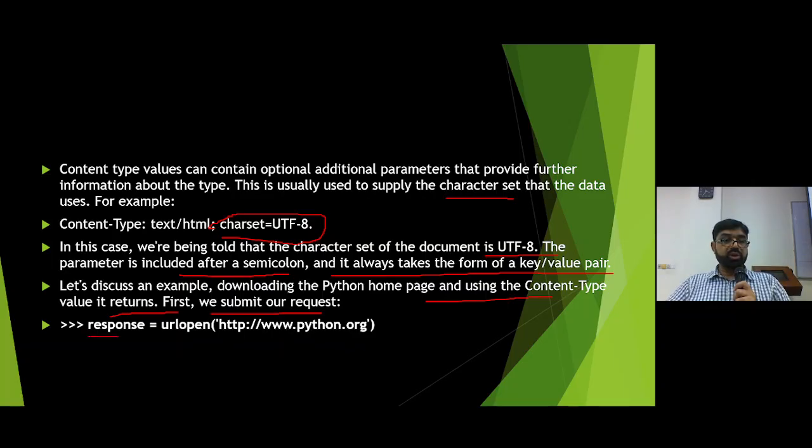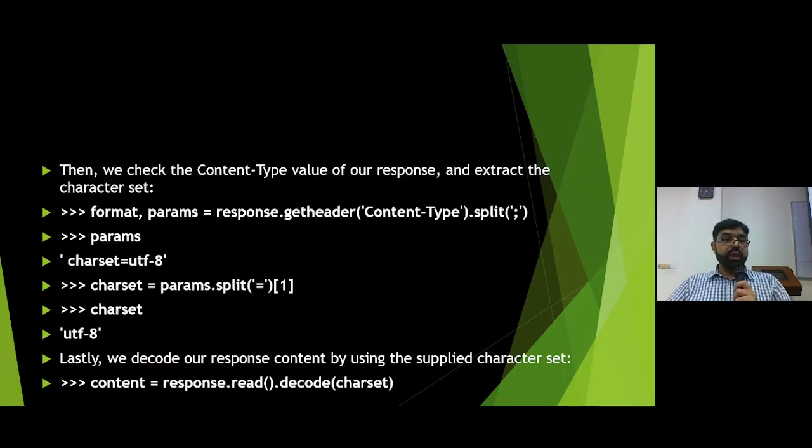First submit the request, so response equals urlopen. Then check the Content-Type value of our response and extract the character set. So format, params equals response.getheader Content-Type split, and we write the params. We get charset=UTF-8.